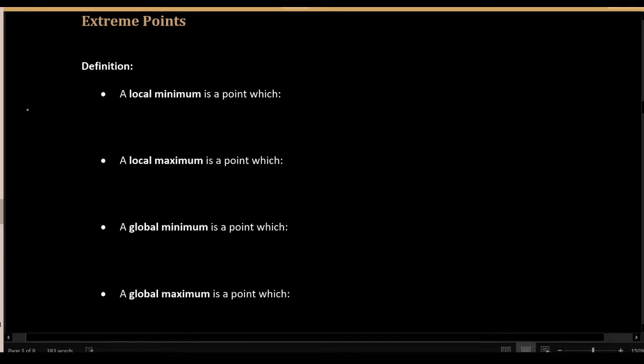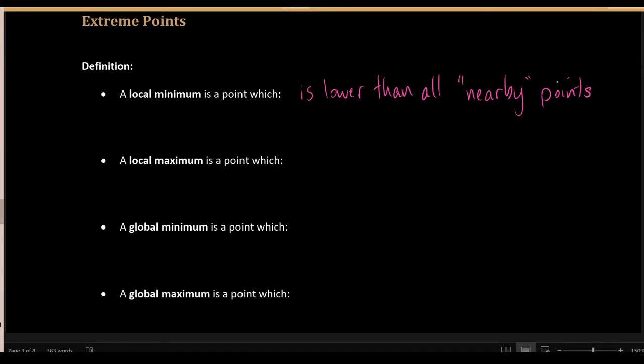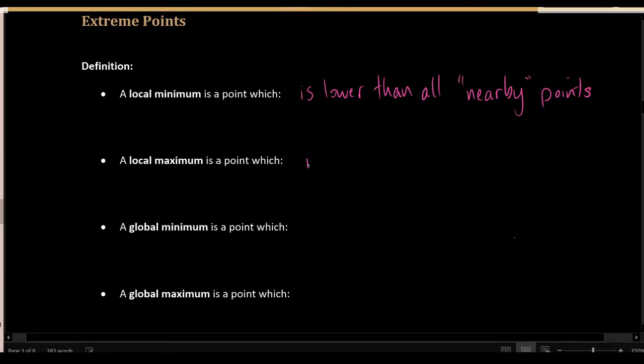A local minimum is a point which is lower than all nearby points. Local because it's the lowest point in its neighborhood. A local maximum, conversely, is a point which is higher than the points all around it.